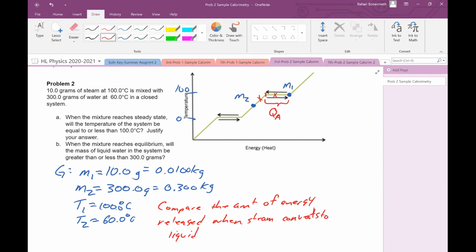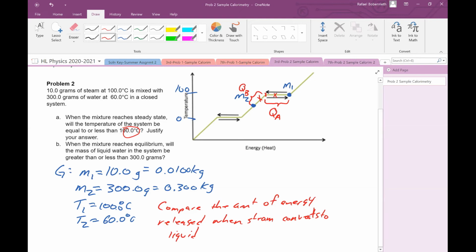What do I have to compare it to? I have to compare it to the amount of energy that's required to bring the water up to 100 degrees, because that's what we're figuring out. Is the final steady state point to the right of this tipping point? Basically, is it going to be 100 degrees, or less than 100 degrees?